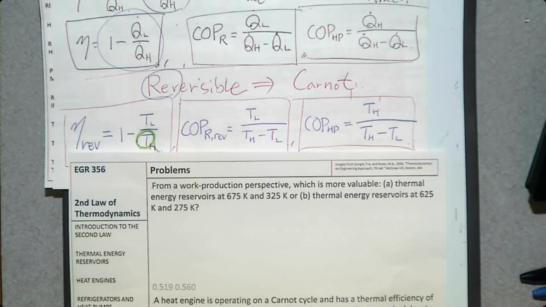From a work production perspective, which means that if you design a heat engine, if you design a power plant in two locations, one where we can provide heat at 675 Kelvin and we can provide coolant at 325 Kelvin. The difference is 350.